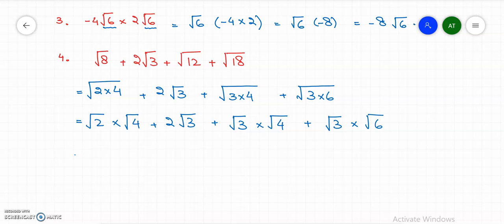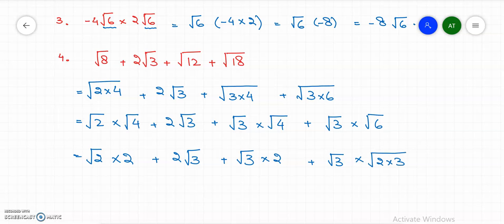Now square root of 2 stays the same, and square root of 4 is basically equal to 2, plus 2 square root of 3, plus square root of 3 stays the same, and square root of 4 is 2, plus square root of 3, and we can further break square root of 6 into 2 times 3. Let me simplify it further.